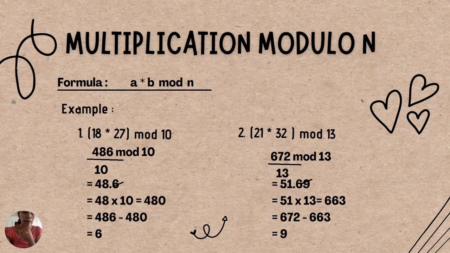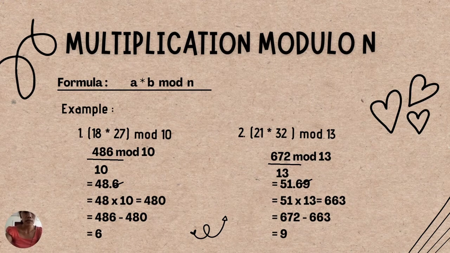So, number 1, 18 times 27 mod 10 equals 486 divided by 10. The result is 48.6. Get the whole number. 48 times 10 equals 480. So 486 minus 480 equals 6.